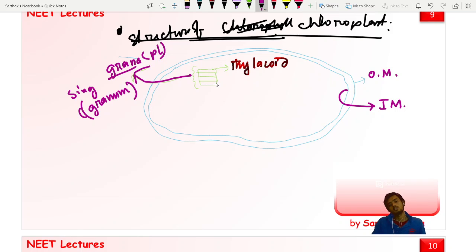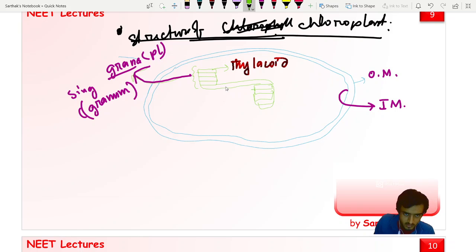So basically this is thylakoid and this whole unit is grana, and there are other grana where thylakoids are present, and these grana are linked by a connector.